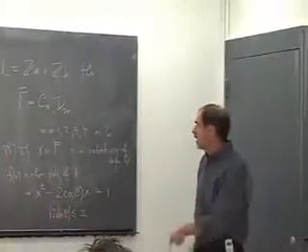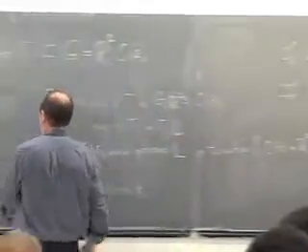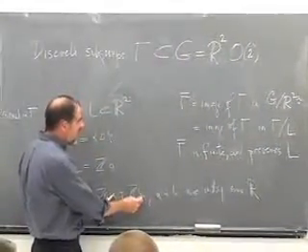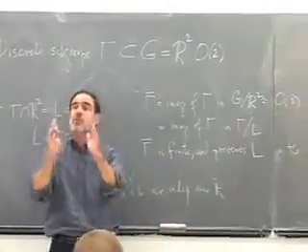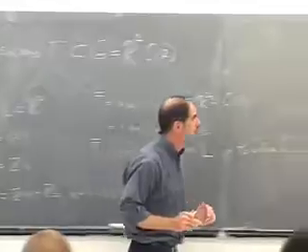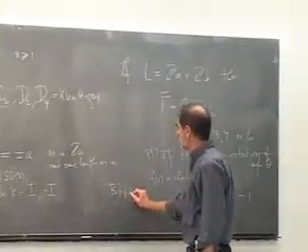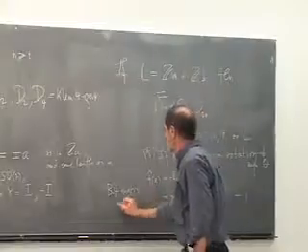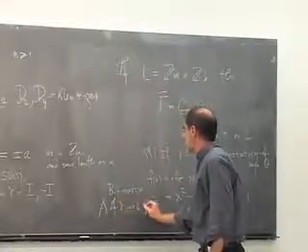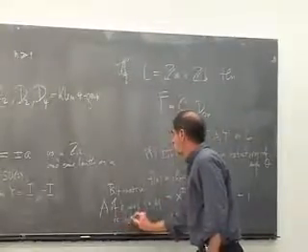On the other hand, since gamma preserves this lattice, then we can write down the matrix of gamma with respect to the bases A and B of this lattice, and the 2 by 2 matrix of gamma has to be integral.